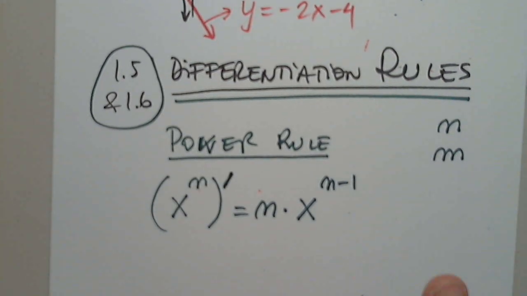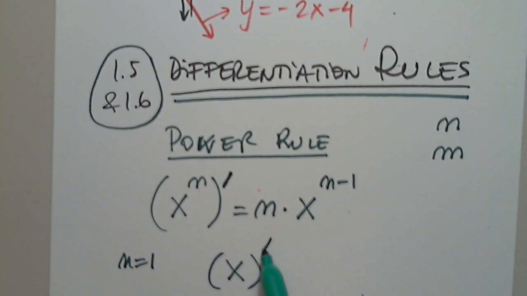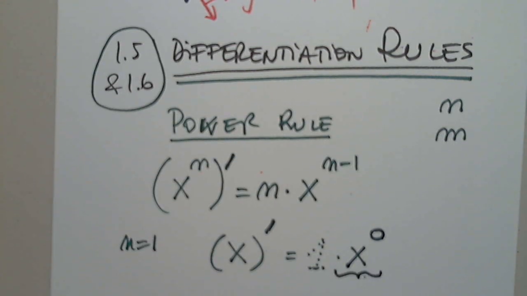Now, I would like you to remember the following rule. What if n is 1? Then I have x prime. I bring down 1. We normally don't write 1. And subtract 1 from the power. 1 minus 1. So how much is x to 0?